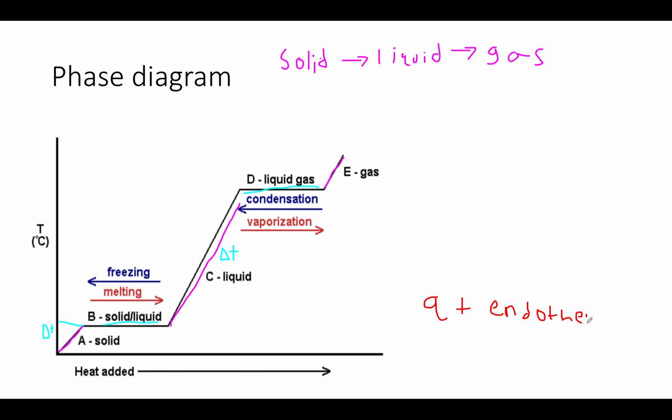So if we're going from a solid to a gas or a solid to a liquid, we are having a positive Q, an endothermic change. The opposite is going from a gas to a solid. For that, Q is negative. We are releasing heat. The changes are exothermic.